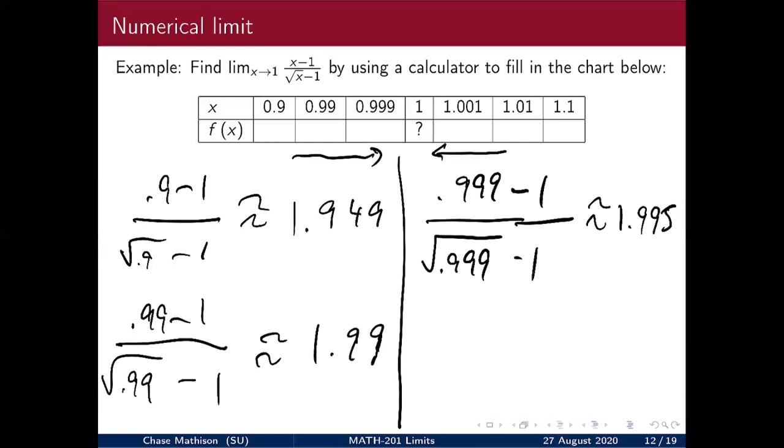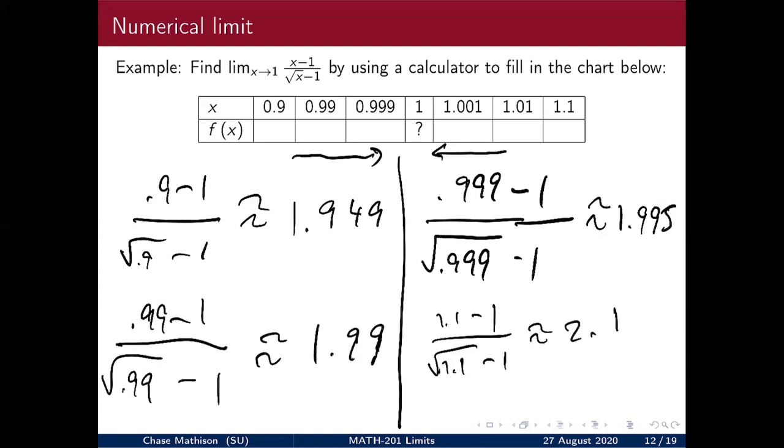In this case, there is one value, because as you evaluate from the right, 1.1 minus 1 over square root of 1.1 minus 1 is about 2.0, or no, sorry, I think it was 2.1-ish. Again, check me. These are rounded, obviously.